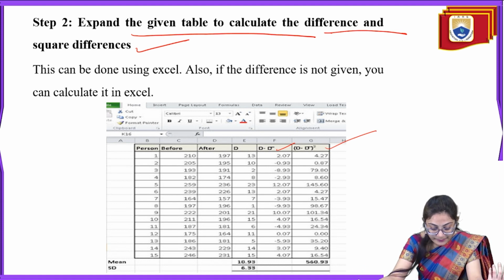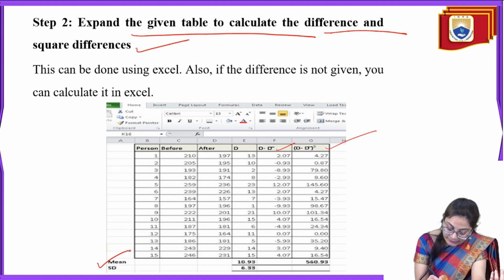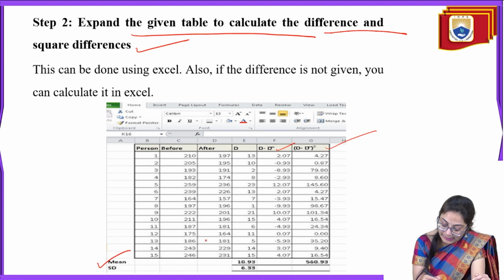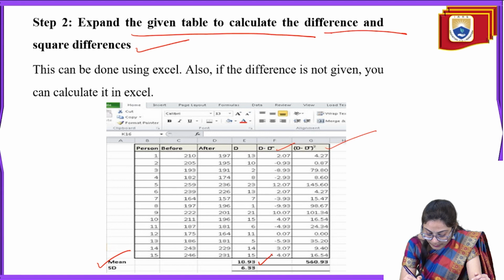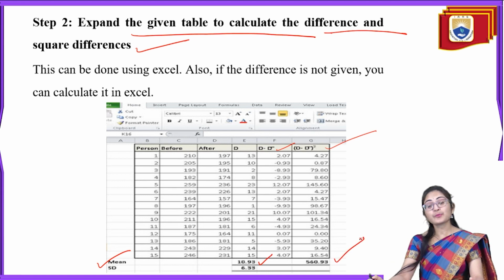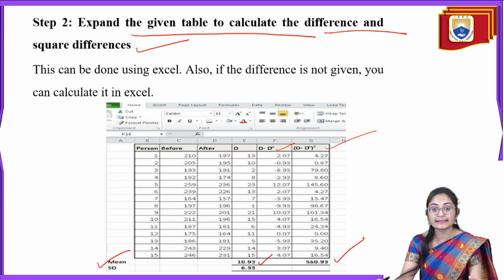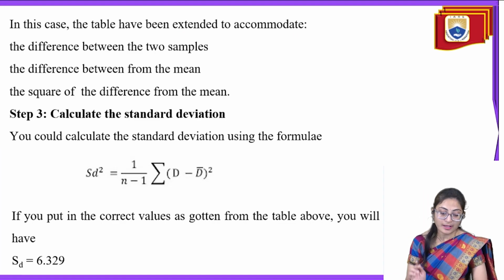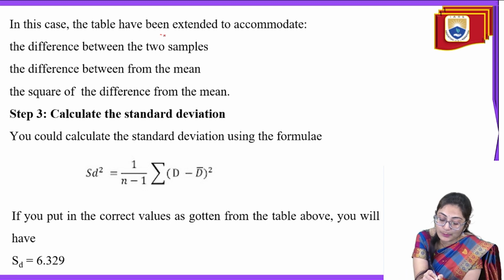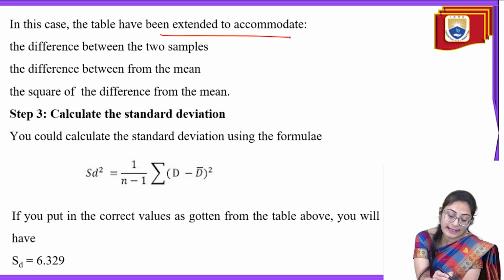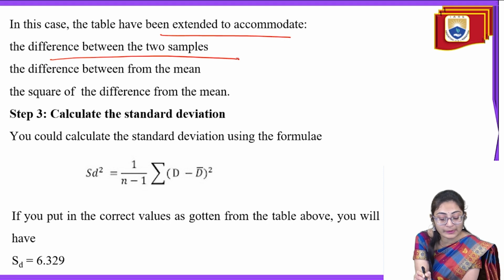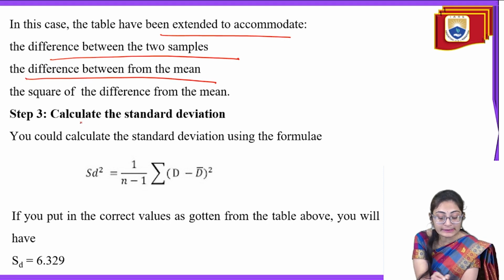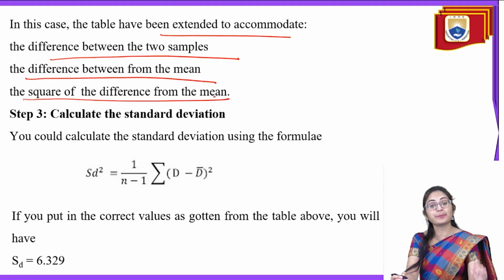All these things we have to find out. Here the mean is 10.93, and the standard deviation is 6.33. In this case, the table has been extended to include the difference between the two samples, the difference from the mean, and the square of the difference from the mean.